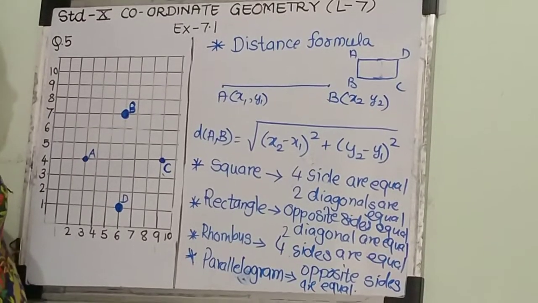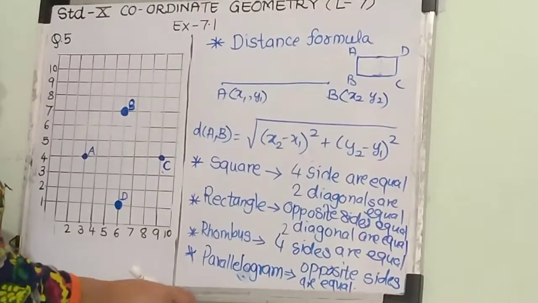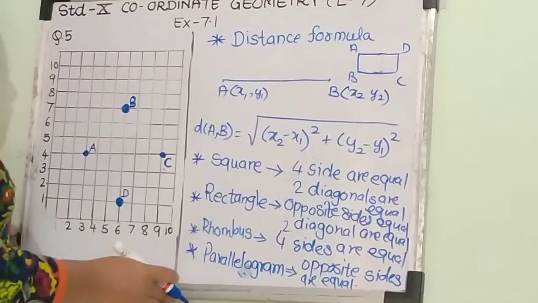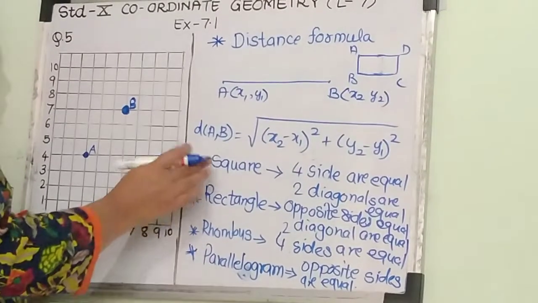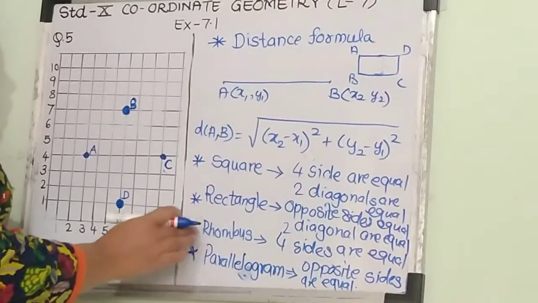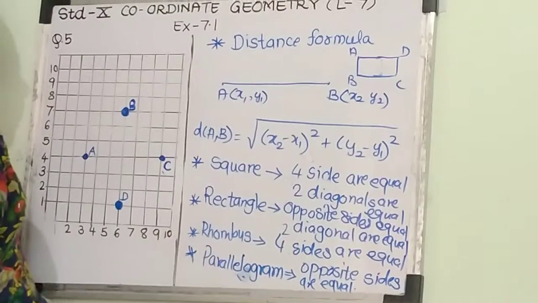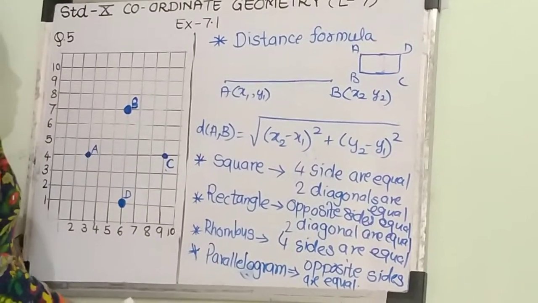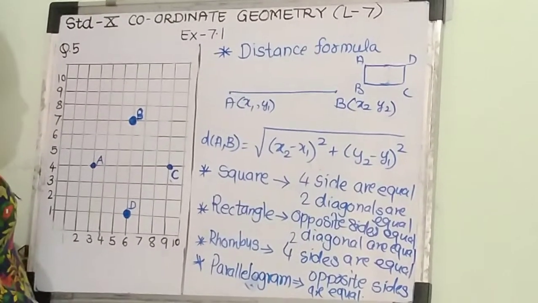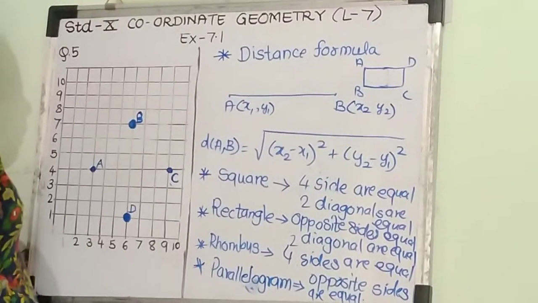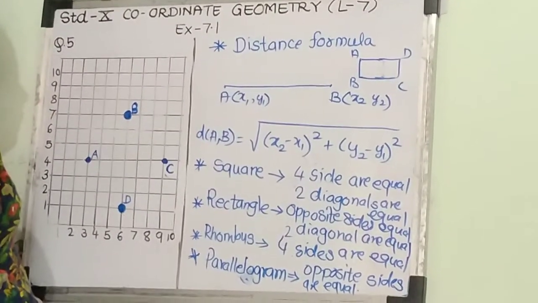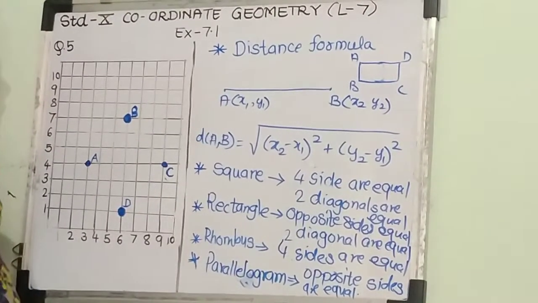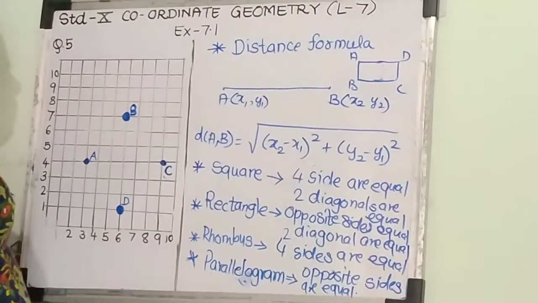In this way we are going to check whether the given vertices are of a square, rectangle, rhombus or parallelogram. So students, write this down and keep it in your mind, it will help you to solve the sums.